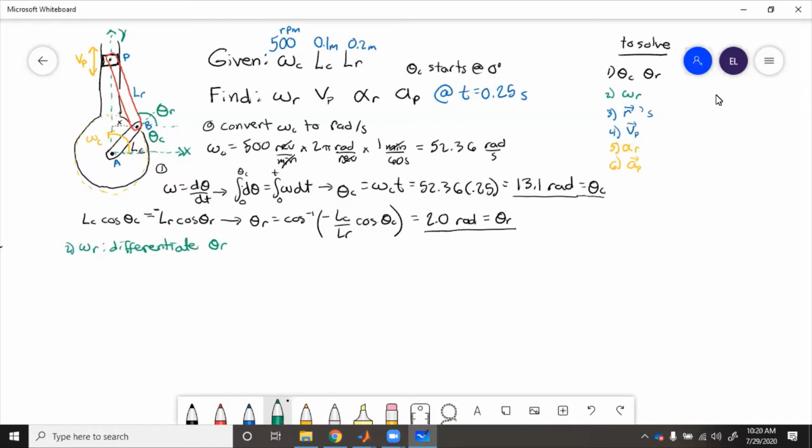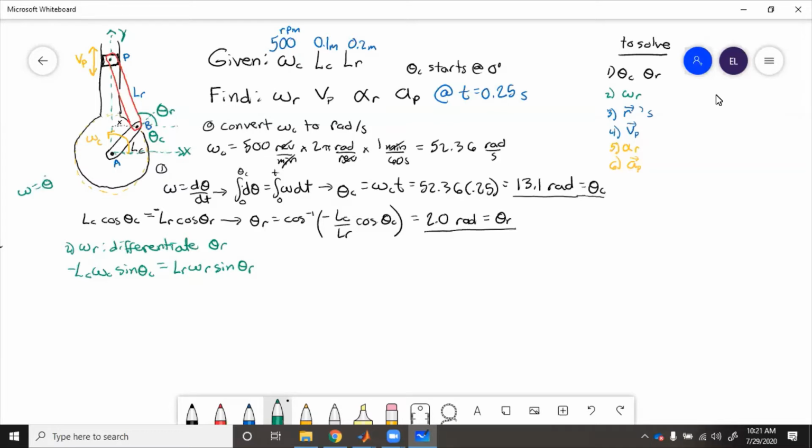So if we take the derivative of each side, we'll get negative LC omega C sine of theta C equals LR omega R sine of theta R. Okay, because derivative of cosine is minus sine, and then omega equals theta dot. Remember out here, omega equals theta dot. So because of chain rule, those theta dots pop out.